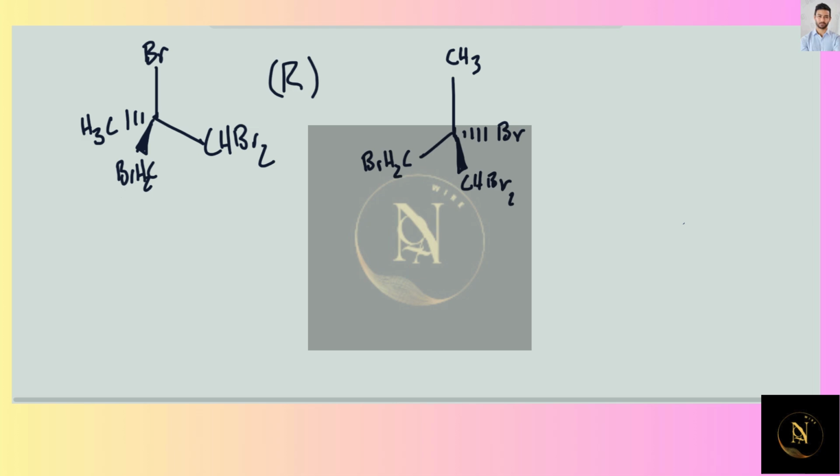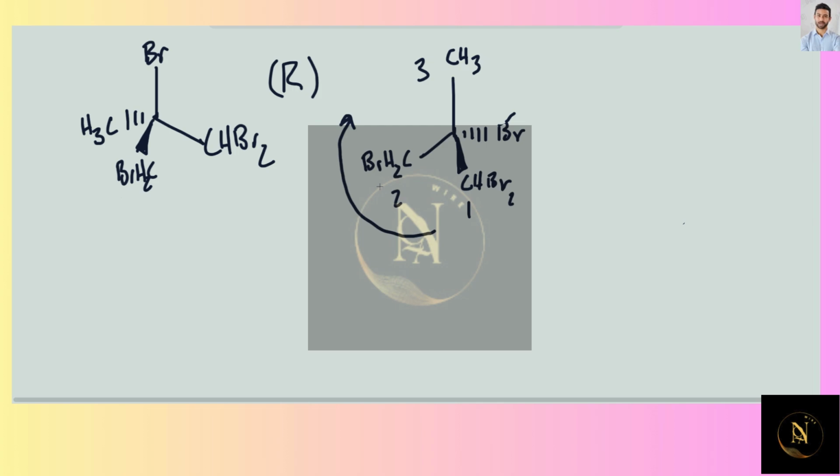Okay, so if we do that, remember we're ignoring bromine for a minute. Not erasing it. We're ignoring this for just a second. And we start to number the substituents. The one with 2 bromines is the highest, 1 bromine is the second, and the third highest is just the methyl. And that looks like clockwise. But remember, we have to do the opposite of that.